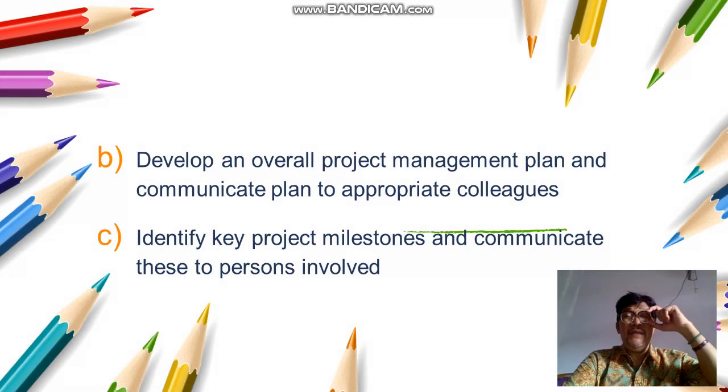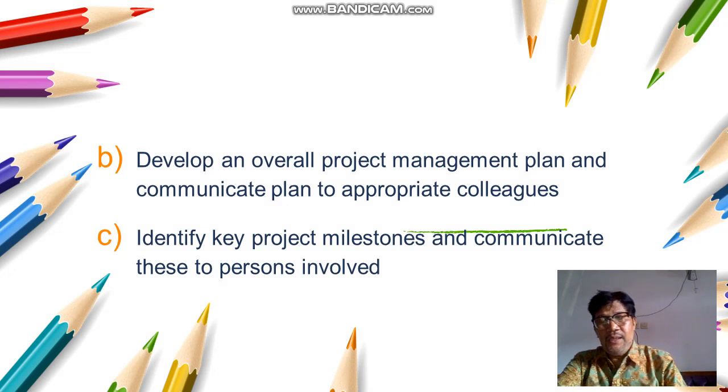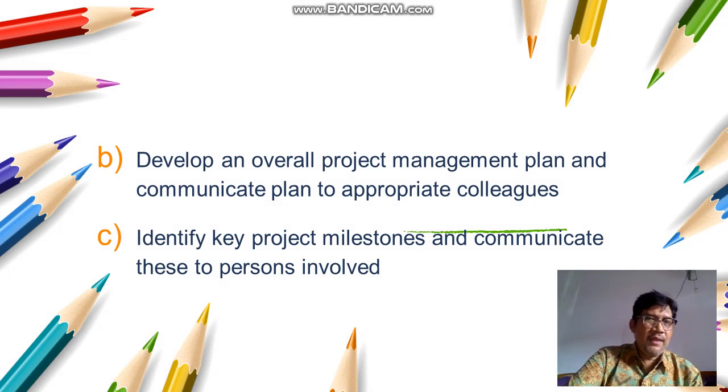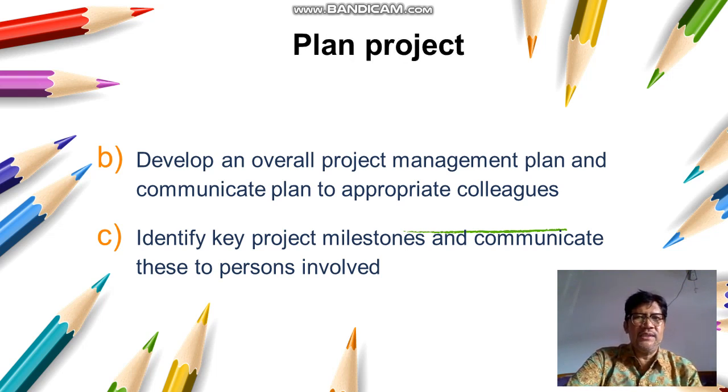This is given only for the practical side. For the theory, you can find the other teachers to give some lessons on the theory of entrepreneurship. So, develop an overall project management plan and communicate the plan to appropriate colleagues. Identify key project milestones and communicate this to persons involved.